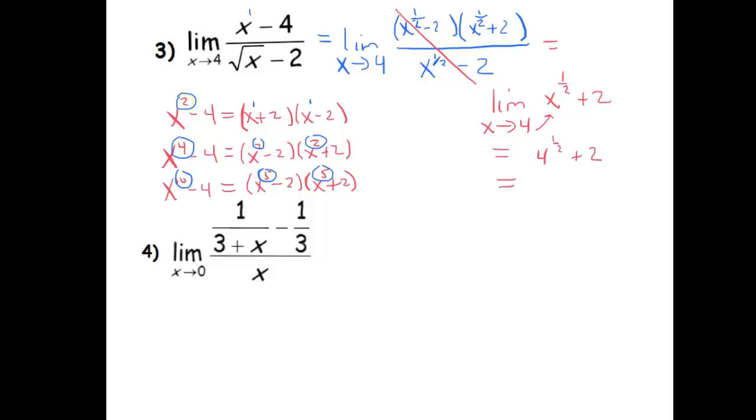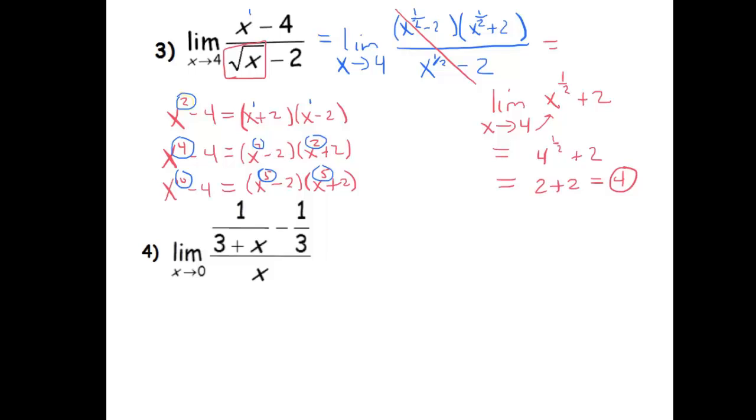But 4 to the 1/2, remember, you want to be good with going back and forth between notation. The x to the 1/2 is the same as the square root of x. So 4 to the 1/2 just means the square root of 4, which is 2. So there's our answer. So there's a clever way of getting around that. It turns out we could factor that, even though it didn't seem like we could at the beginning.